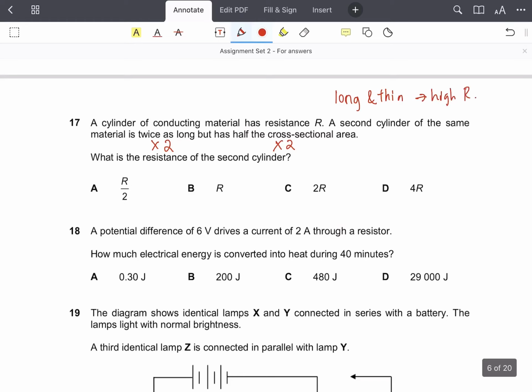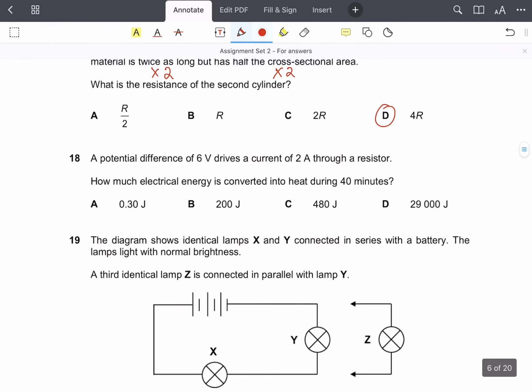If it gets longer, you times. If it gets thinner, you also times. So you times 2 times 2, it becomes times 4.